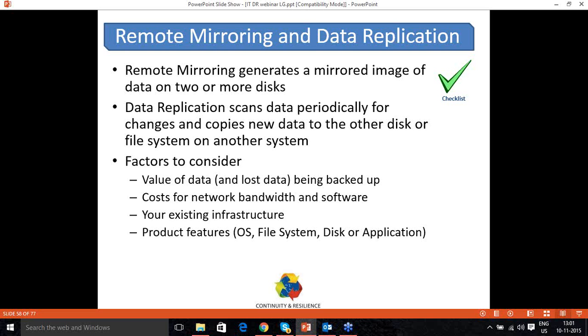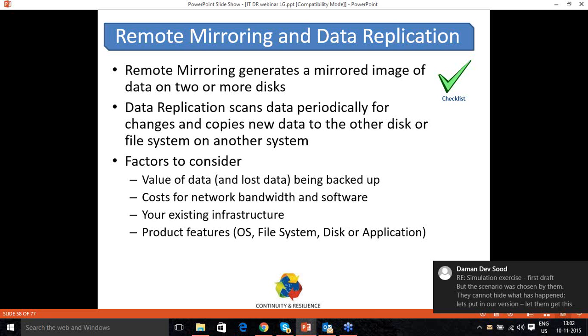One is remote mirroring and data replication. Remote mirroring generates a mirrored image of data on two or more disks. So if one disk fails, you have your data available on another disk. Data replication scans data periodically for changes and copies the new data to another disk or file system or another system.